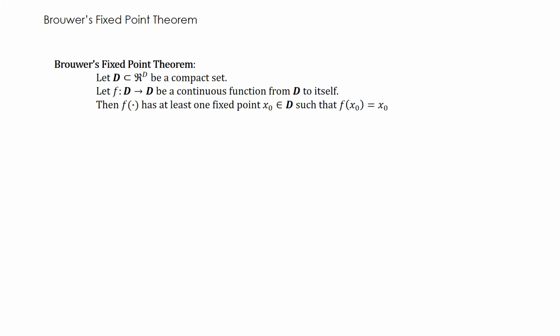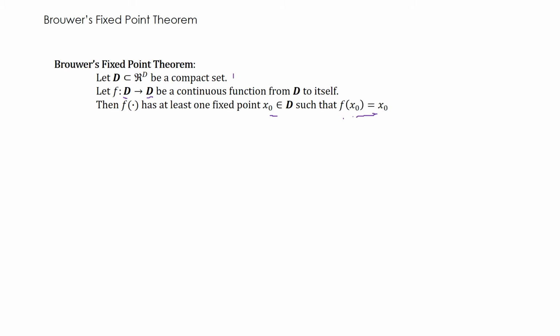Now let's restate Brouwer's fixed point theorem before we proceed further. So if D is a compact set and f is a mapping from D onto D, then there exists at least one fixed point x naught of D such that f of x naught equals x naught.